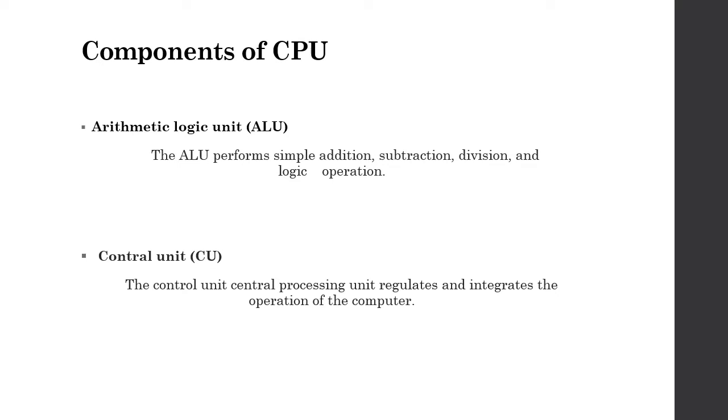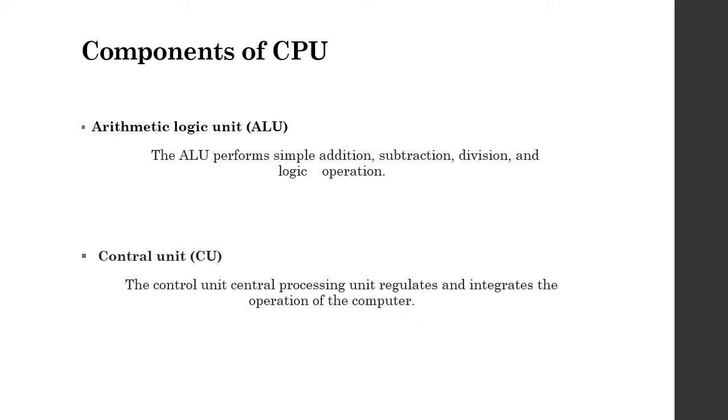Now we will see some of the components of the CPU. A typical CPU has a number of components. We will see the two main components today. The first one is the arithmetic logic unit. This performs simple arithmetic and logical operations: simple additions, subtractions, multiplication, division, and logical operations as well.